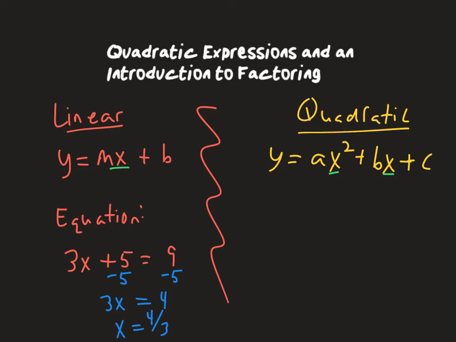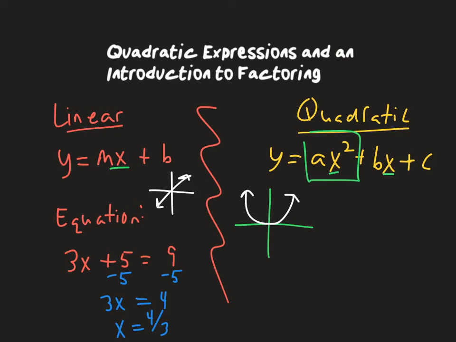The new addition obviously is this x squared term. We're going to get into their graphs and how to deal with them, but as a quick preview, they're going to look more like a U like this. It's called a parabola, whereas linear functions are just lines. So things get a little more complicated.